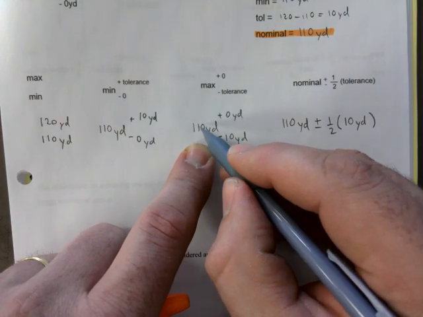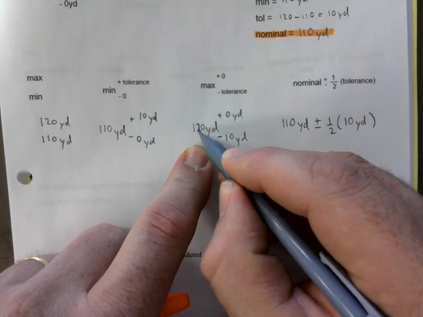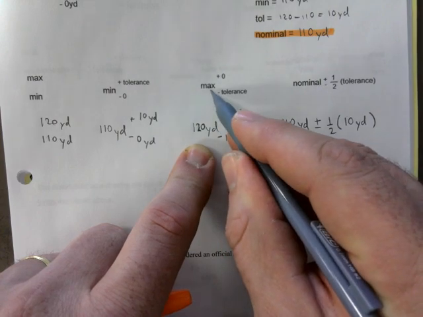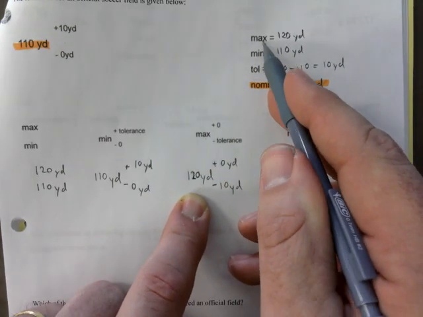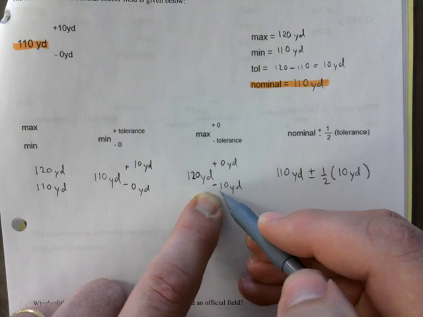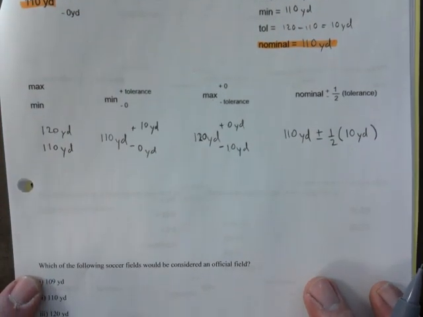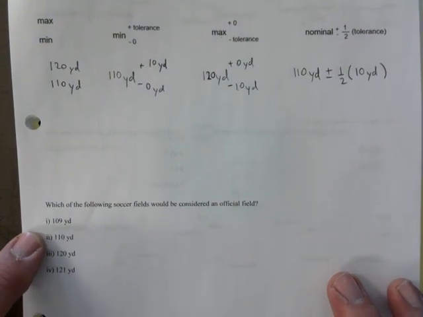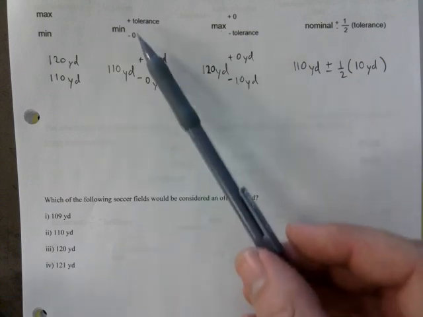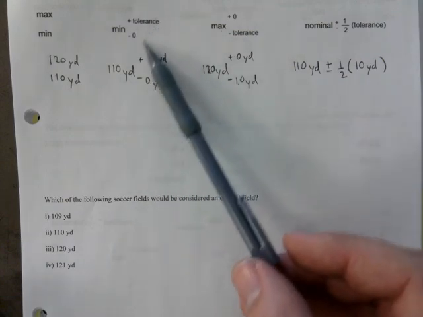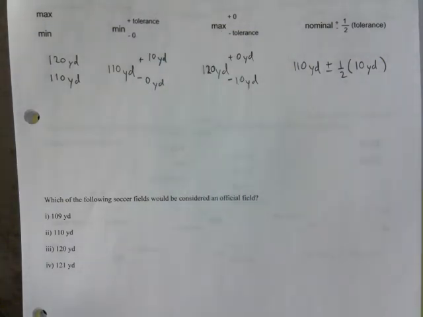Good catch. This is 120. Because it's max, right? Max goes in here. Plus 0 can't go higher, but you can go lower. Technically, this one wasn't necessary to do again, but it doesn't hurt, right? So you get one, you should be able to get it in the other formats, okay?